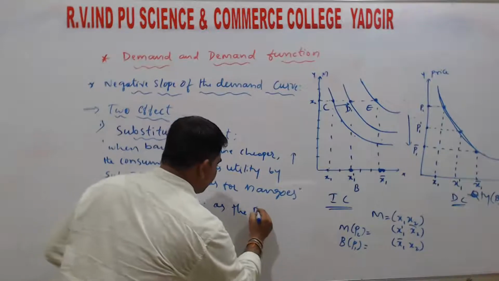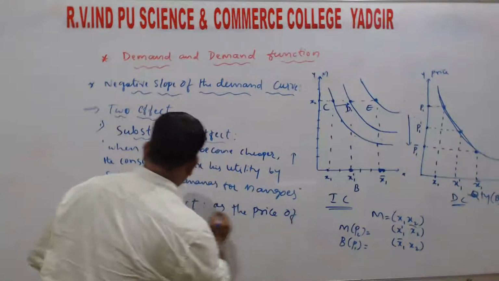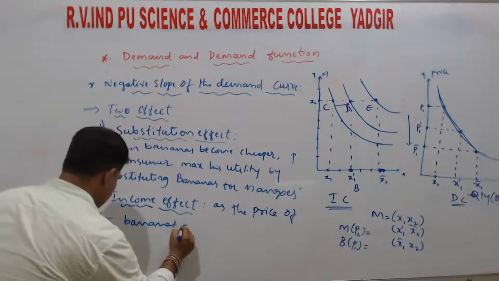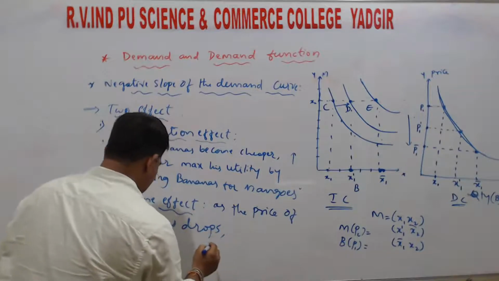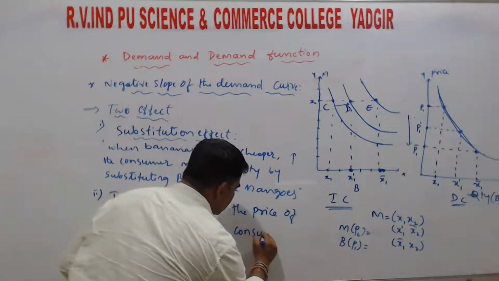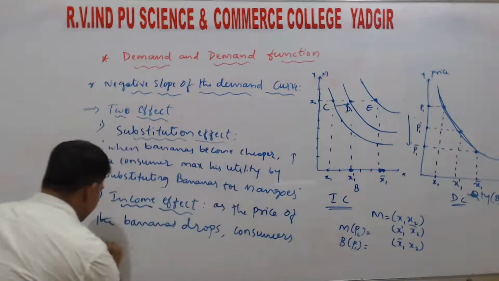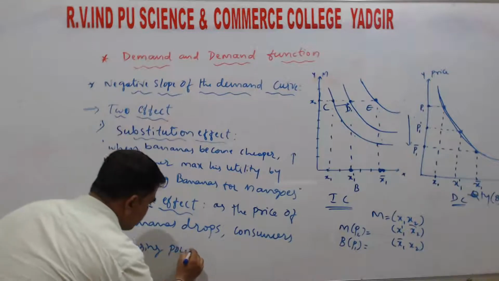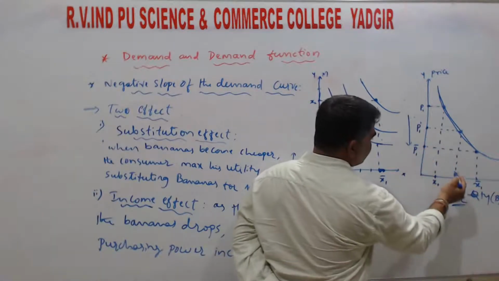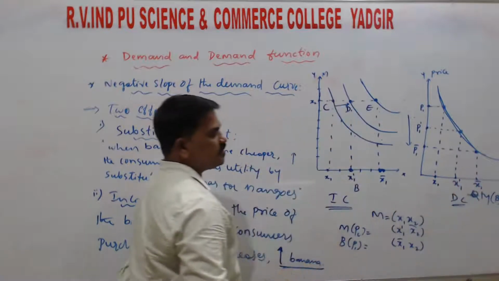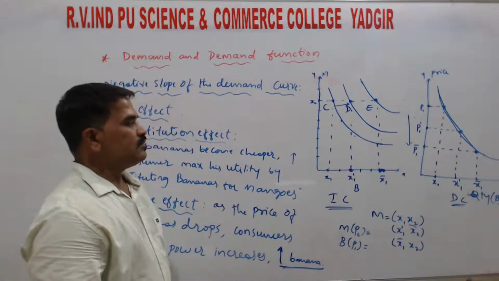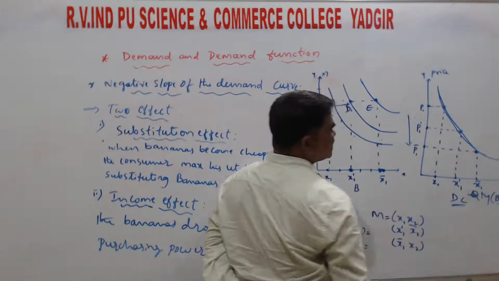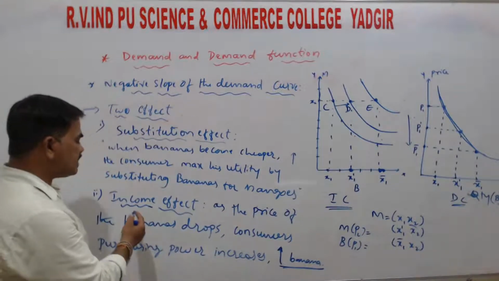As the price of the banana drops, the consumer's purchasing power increases. When it further reduces from this quantity to this quantity, he is buying more, because with the drop of the price, his purchasing capacity increased. So that we call the income effect.